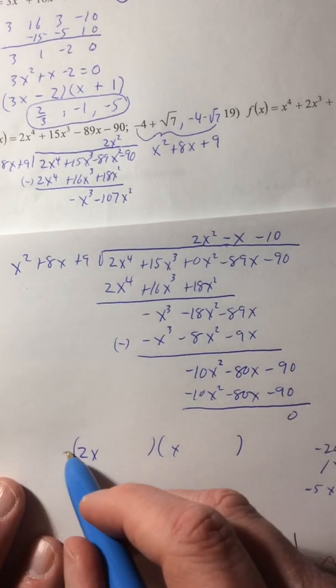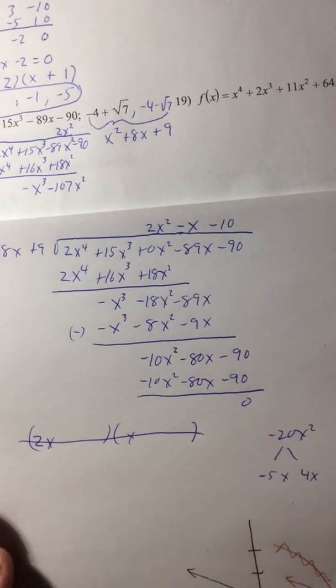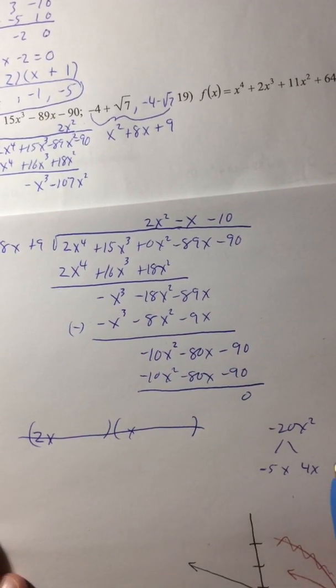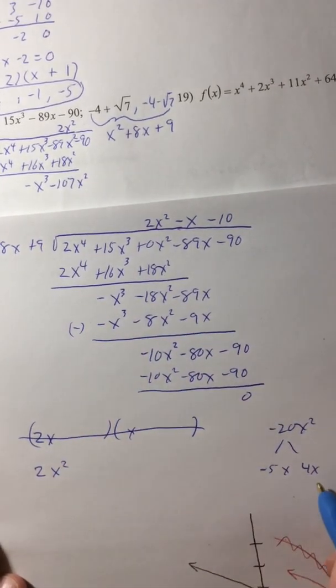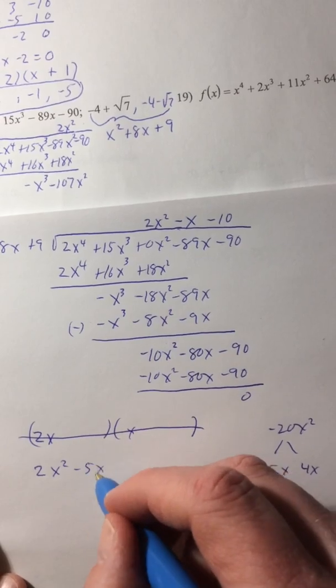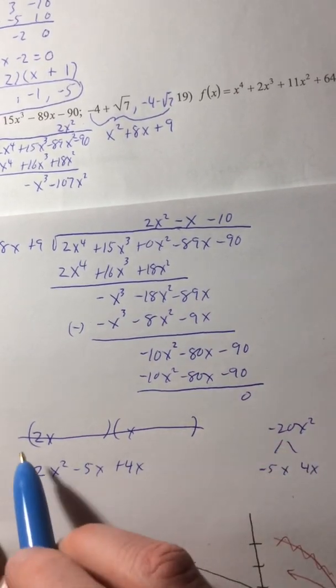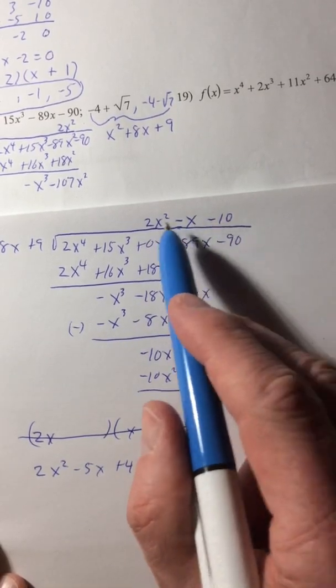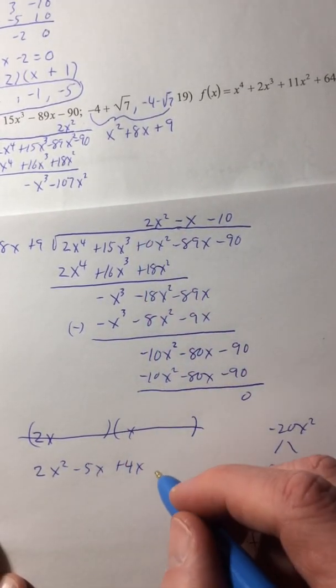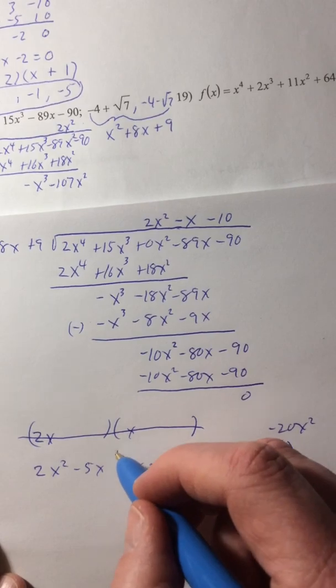Should have been able to do this in my head, but I'm starting to feel a little time pressured. So we're going to write 2x squared minus 5x plus 4x. So remember, what I was trying to do here is I was trying to factor this without using the master product rule. That's that thing I was trying to factor. But I was having an epic fail.